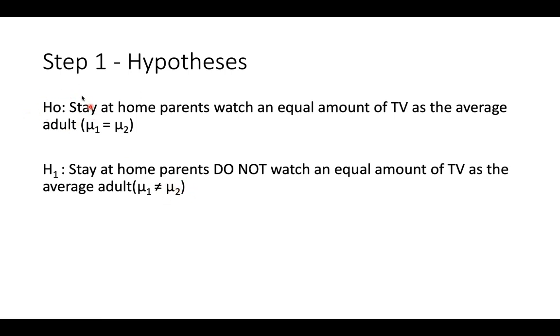And so our null hypothesis is that stay-at-home parents will in fact be equal to the average adult. So when you have a one-tailed hypothesis, you're going to have inequalities, right? You're going to have greater than, less than, greater than or equal to, less than or equal to. In a two-tailed hypothesis, you will always have not equal to and equal to, right? Because this not equal covers both the low end and the high end.